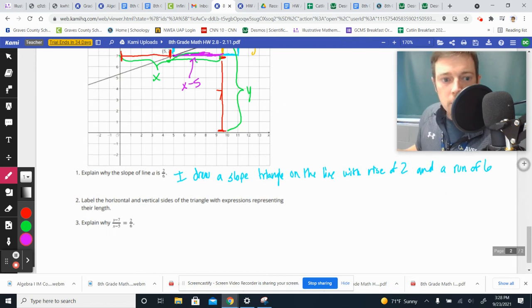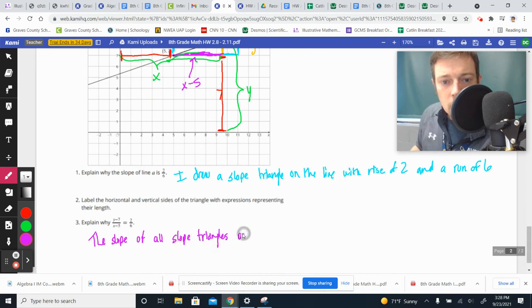So what we can write here for our explanation is we could say that the slope of all slope triangles on our line are equal. Something along those lines.